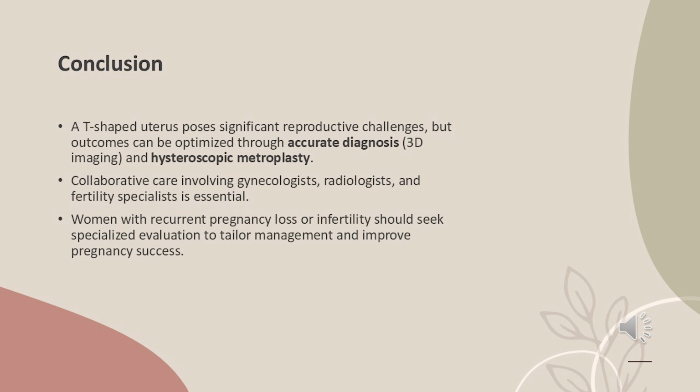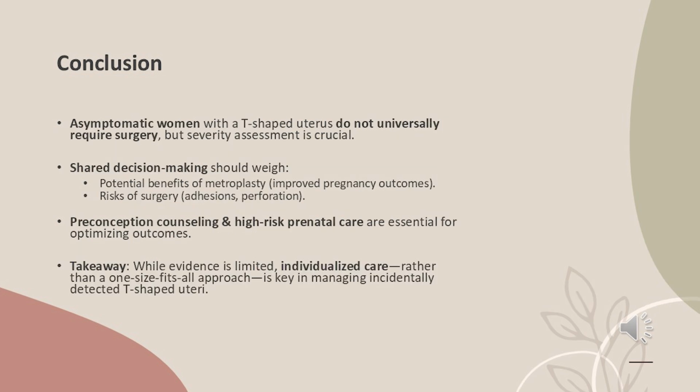using 3D imaging and hysteroscopic metroplasty. Collaborative care involving gynecologist, radiologist, and fertility specialist is essential. Women with recurrent pregnancy loss or infertility should seek a specialized evaluation to tailor management and improve pregnancy outcomes. Asymptomatic women with a T-shaped uterus do not universally require surgery, but severity assessment is crucial.